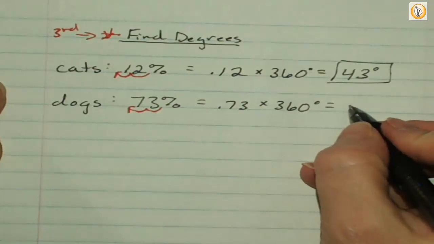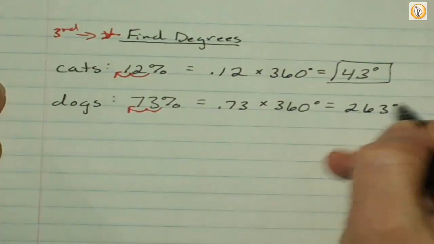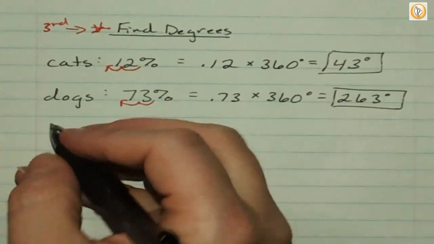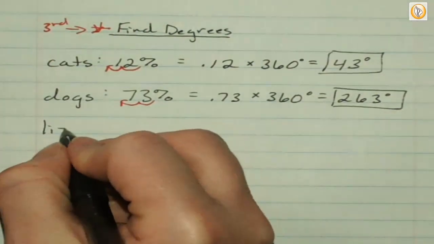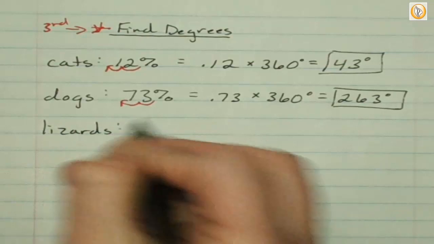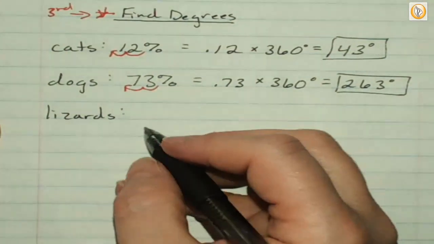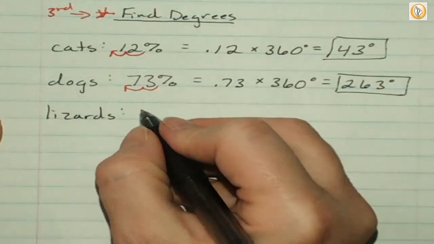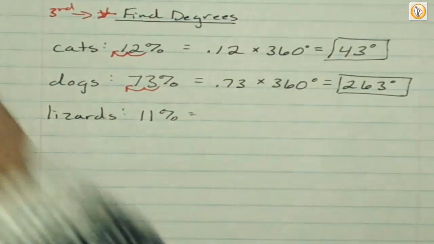So which is rounded to 263 degrees. All right, so that's in degrees. Now we're going to do lizards. Kelly, what's the percent of lizards? 11%. Okay, what do we have to do to the percent?